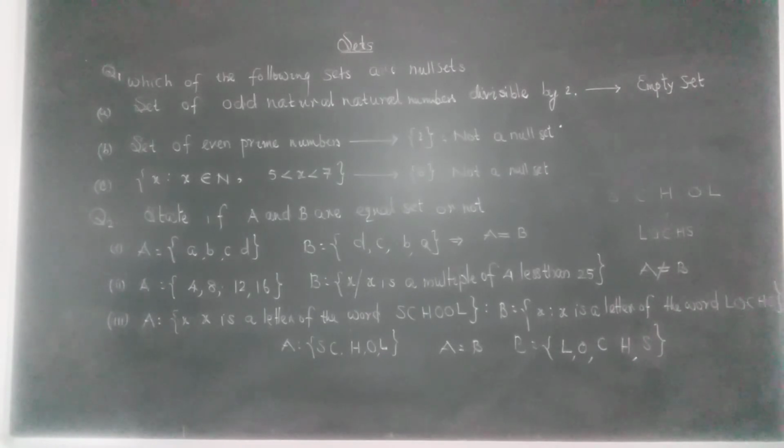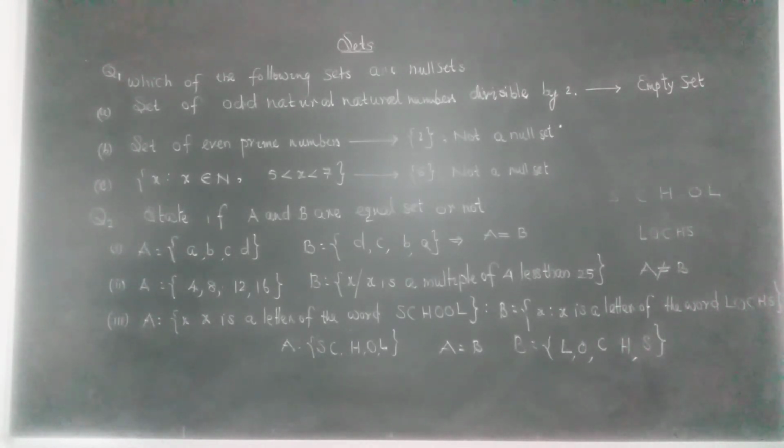Now check it out. When you compare A and B, the elements of A and the elements of B are not exactly the same. Okay, 4, 8, 12, 16 are the same. But there is one extra element in B, therefore A is not equal to B. A and B are unequal sets, not equal sets.